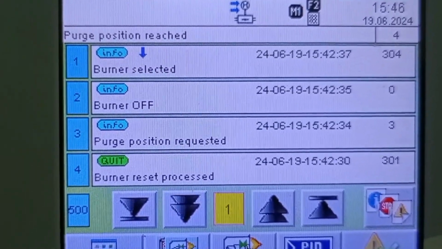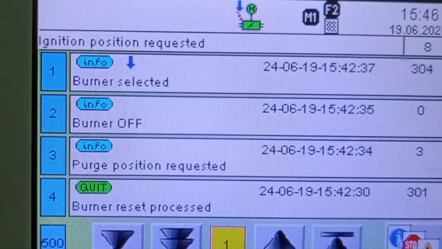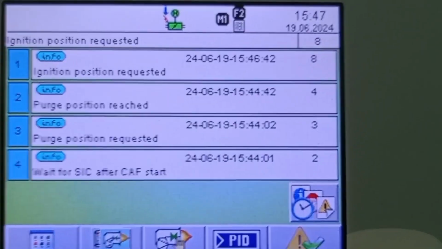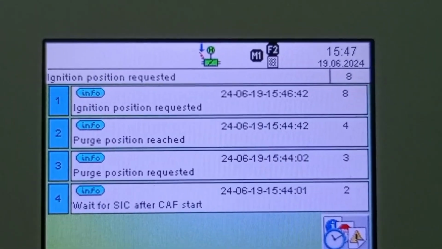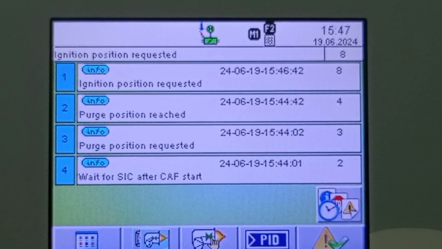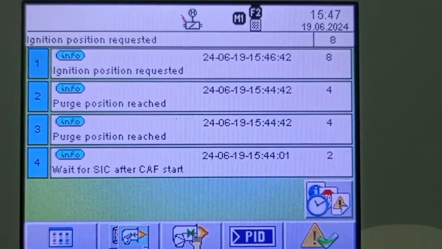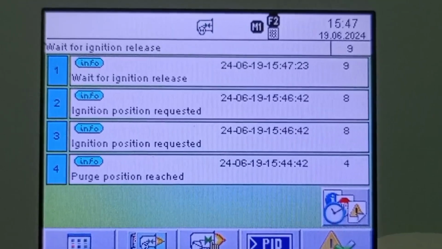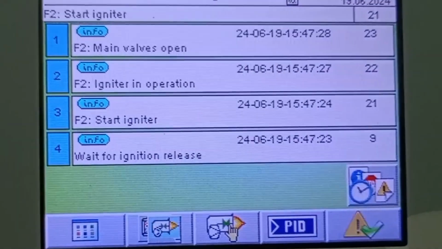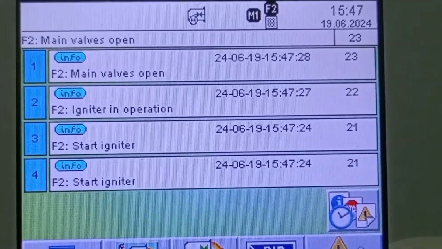You see, here is showing the indication: ignition position is requested. When purging is completed, then at a spark plug high voltage is created, and at the same time a small amount of air and gas flows, and there creates a flame.